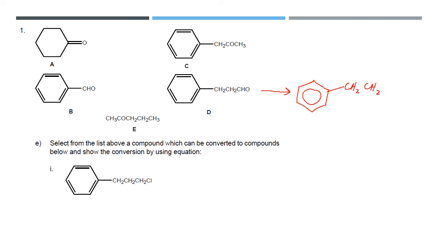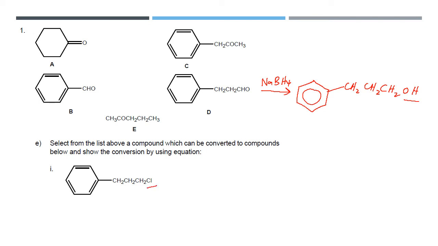What are we going to do now? Oh, reduction. NaBH4. We are going to produce CH2OH. This is the primary alcohol that we're going to produce, the clue given by the previous question. Now, after this, how are we going to convert OH into Cl?